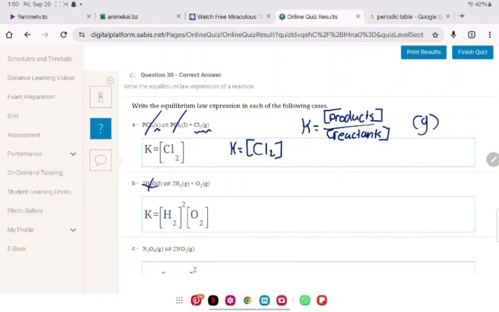Okay, here liquid, ignore. Gas and gas. Also, if it's like this, K equals H2, it can't have a number in front of it. You're going to take that number and put it here as an exponent, so it's going to be 2, and then O2.